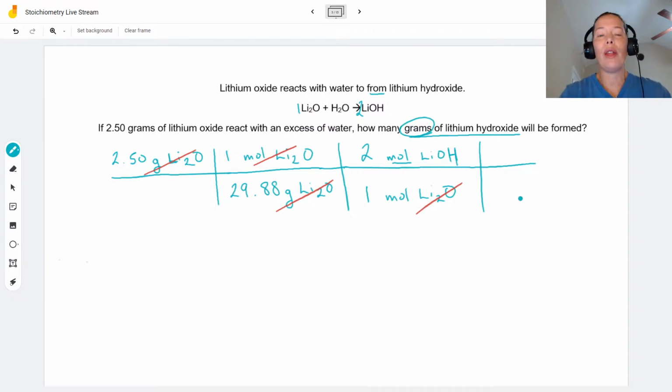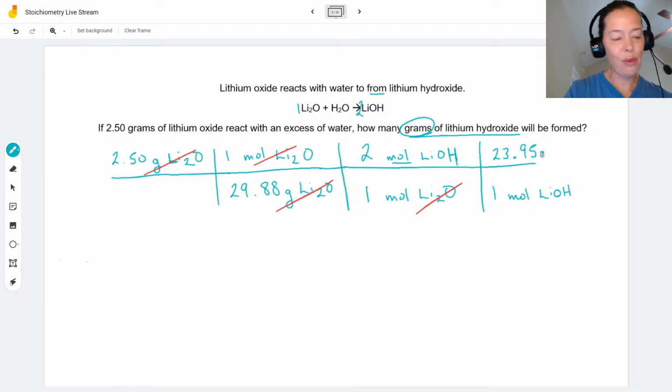Again, I do that with the molar mass. So in the denominator, I'm going to have moles of lithium hydroxide. And I do have this molar mass. This is 23.95 grams per mole of lithium hydroxide.